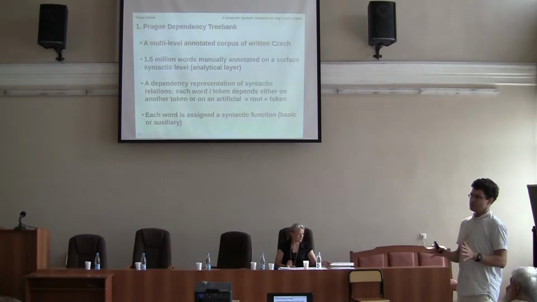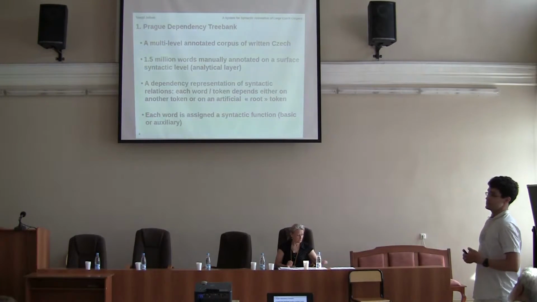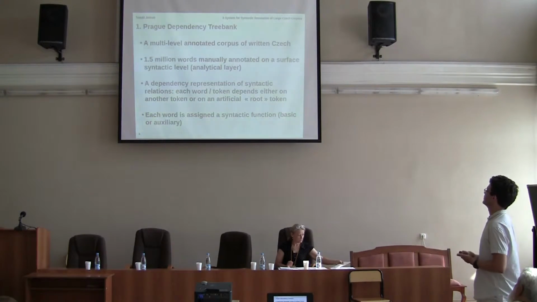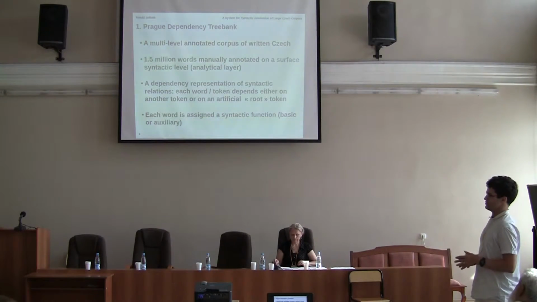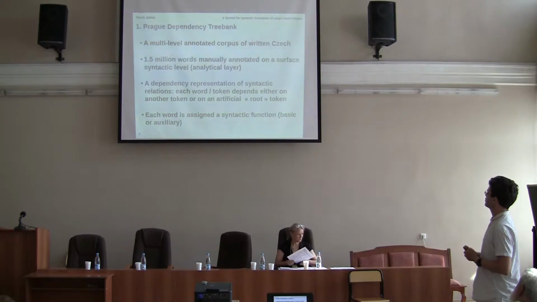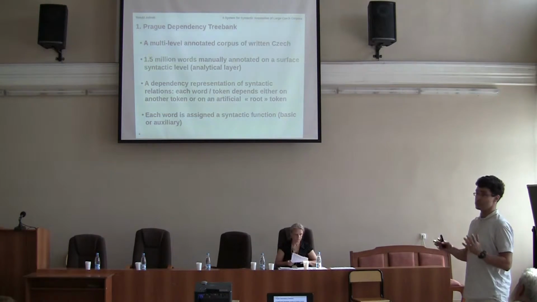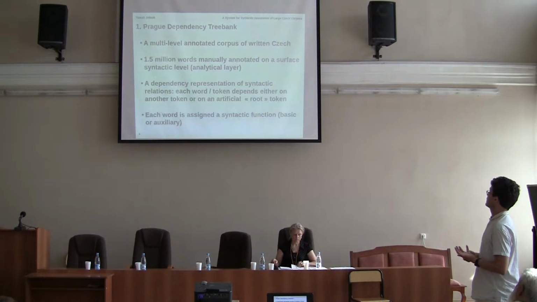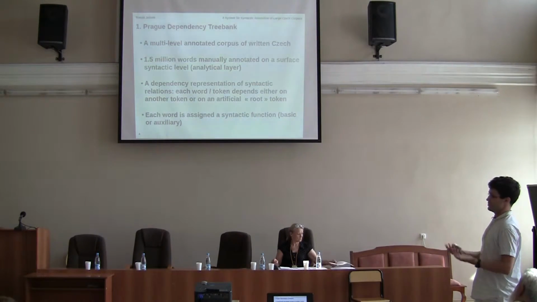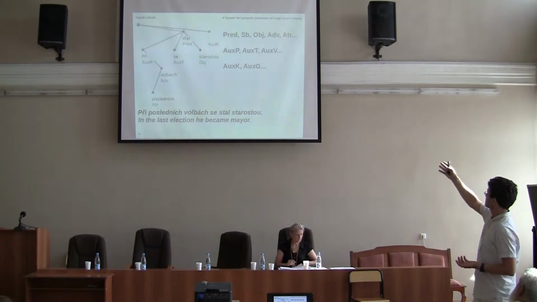As a starting point, we use the Prague Dependency Treebank. This is a well-known multi-level annotated corpus of written Czech, and it has something like 1.5 million words manually annotated on a syntactic level, the so-called analytical layer. In this analytical layer, each sentence is represented by a dependency structure, which can look like this.